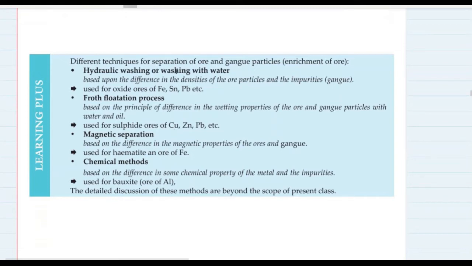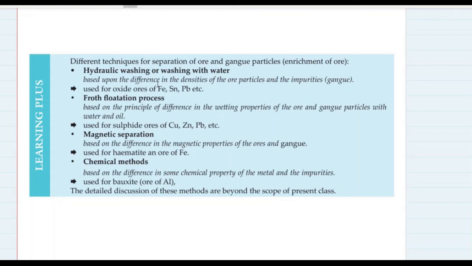Different techniques for separation of ore and gangue particles. First is hydraulic washing, or washing with water, based upon the difference in the densities of ore particles and impurities, used for ores of iron, tin, lead, etc. Basically, they pass the ore under pressurized water jets, water streams thrown at high pressure onto a surface.